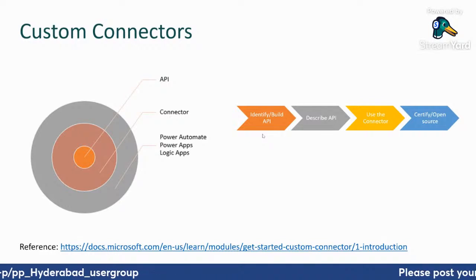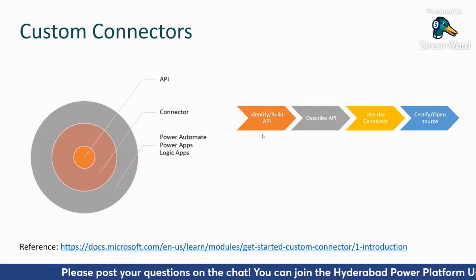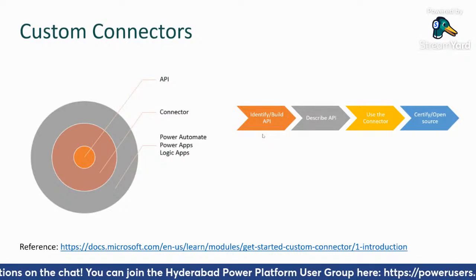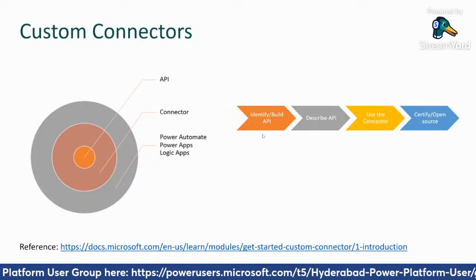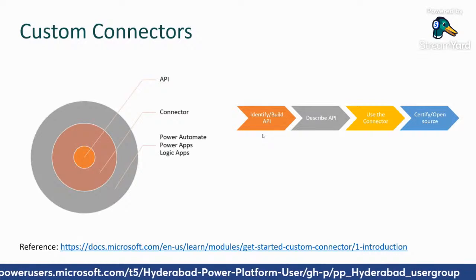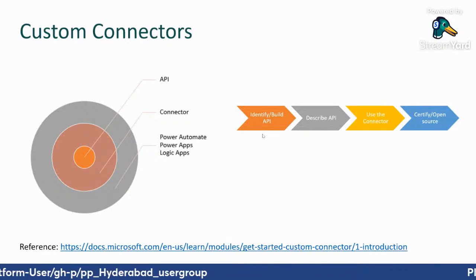It is not just you who is going to consume your custom connector; there may be other app makers from your organization, or if you decide to make the custom connector available to the open source world, you should describe your APIs, so that someone consuming the API can understand what functionalities your custom connector provides.